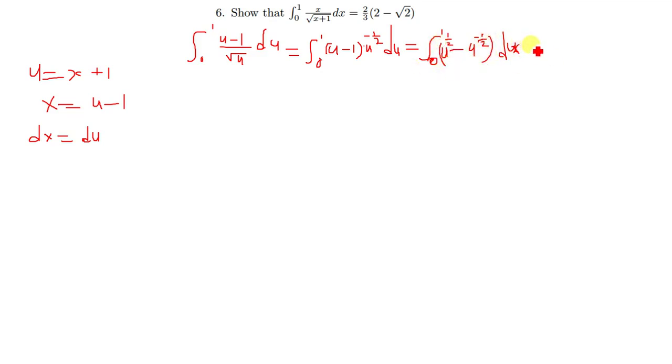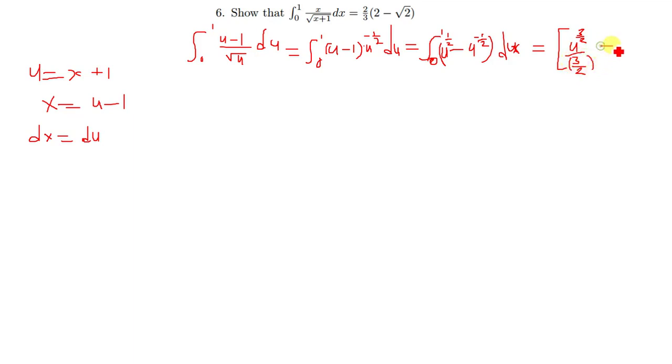So when you integrate this, you're going to get something like this. Integrate this first part here, you get u to the power half plus 1, which is 3 over 2, and then everything divided by the new power, which is 3 over 2.